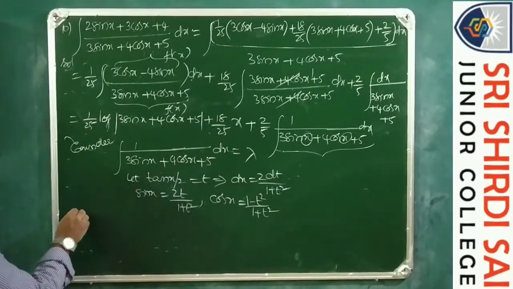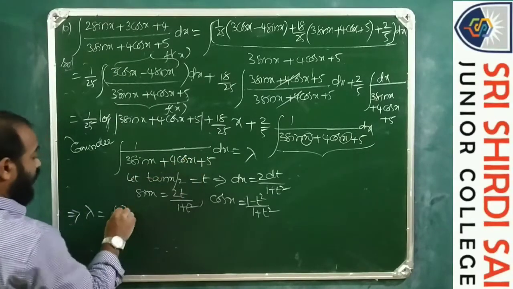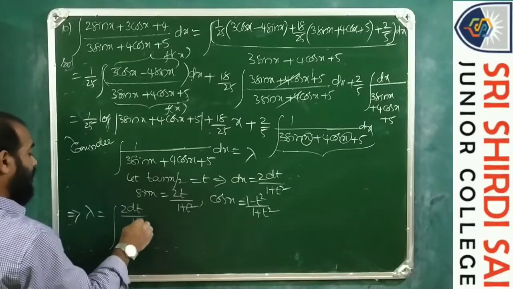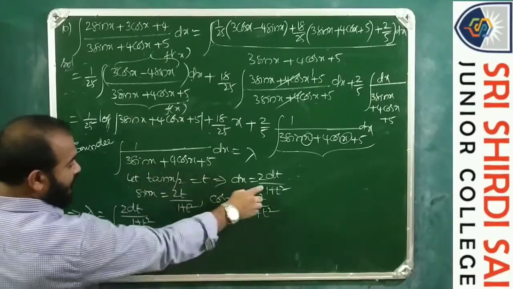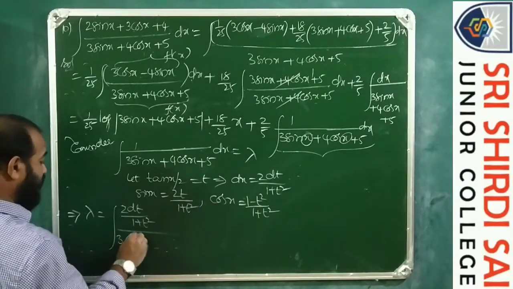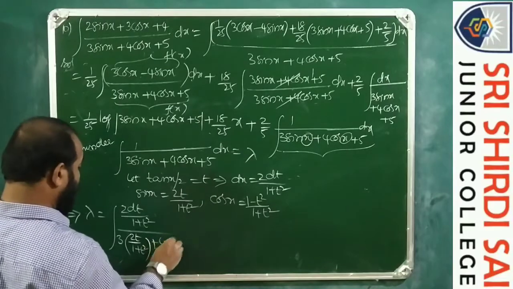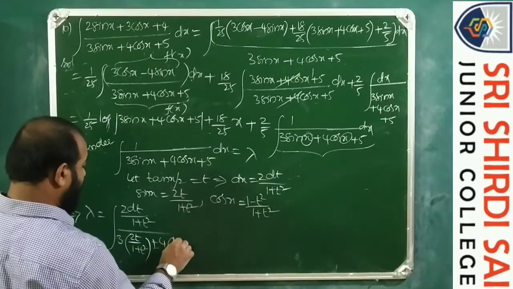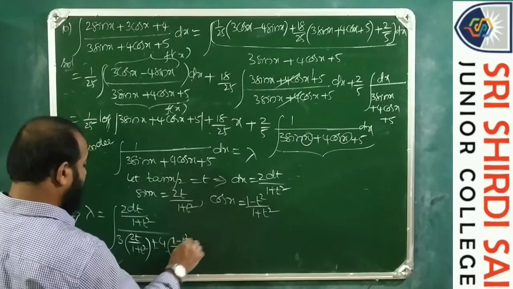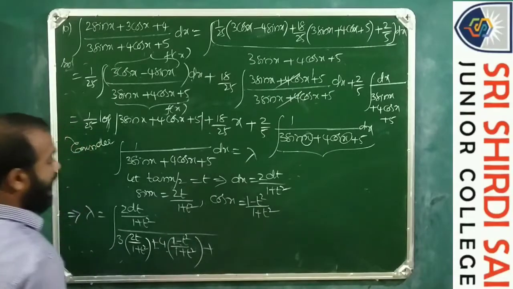So lambda is equals to integral, dx value is 2 dt by 1 plus t square, by 3 into sin x value 2t by 1 plus t square, plus 4 into cos x which is 1 minus t square by 1 plus t square, plus 5.